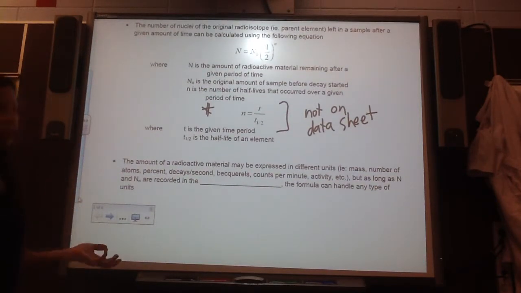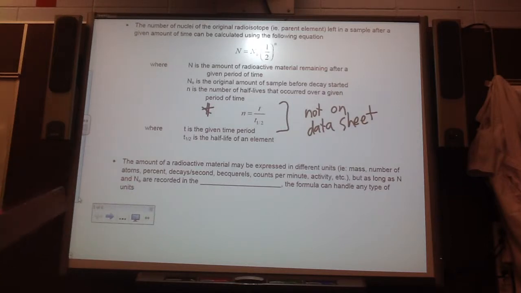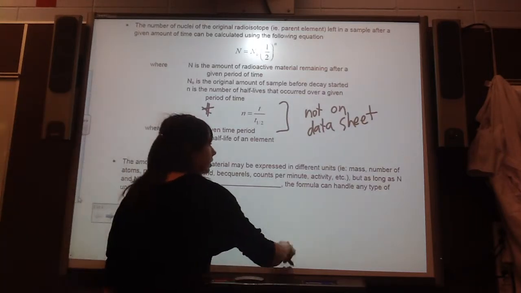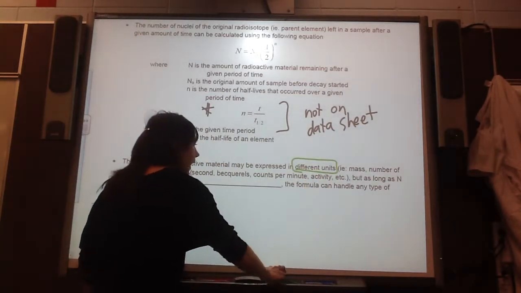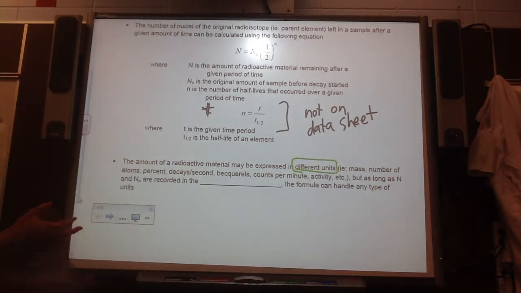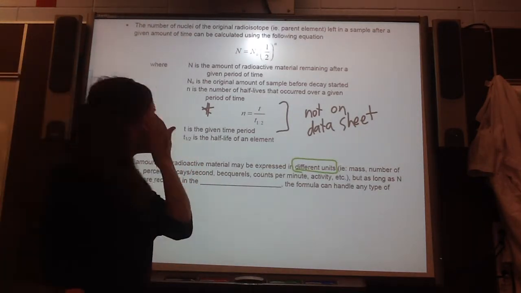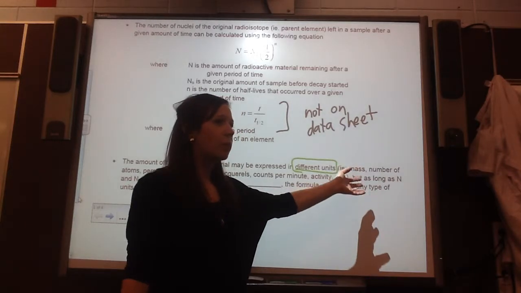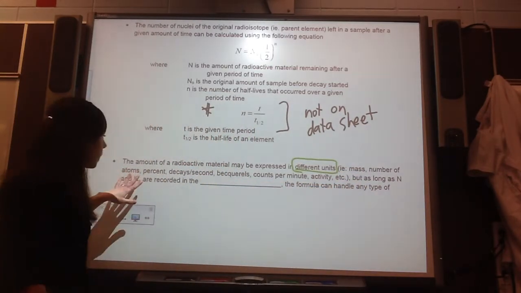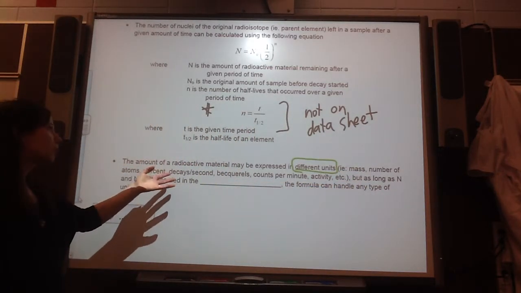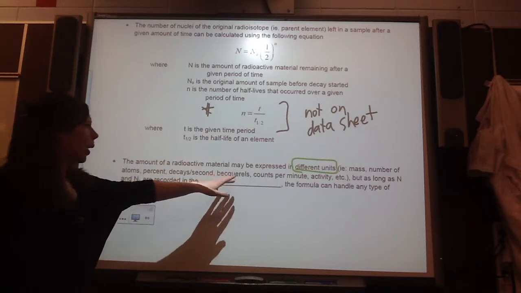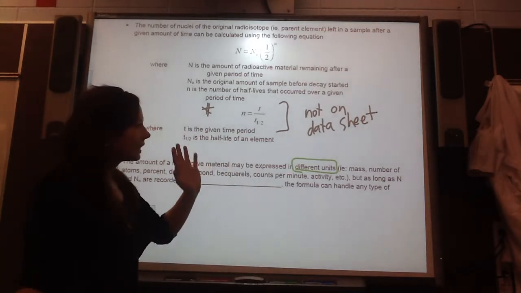Now, the amount of radioactive material can be expressed in different units, and this is really important to notice. It can be expressed in terms of mass, the number of atoms, the percentage, the decays per second, becquerels, counts per minute, or activity.